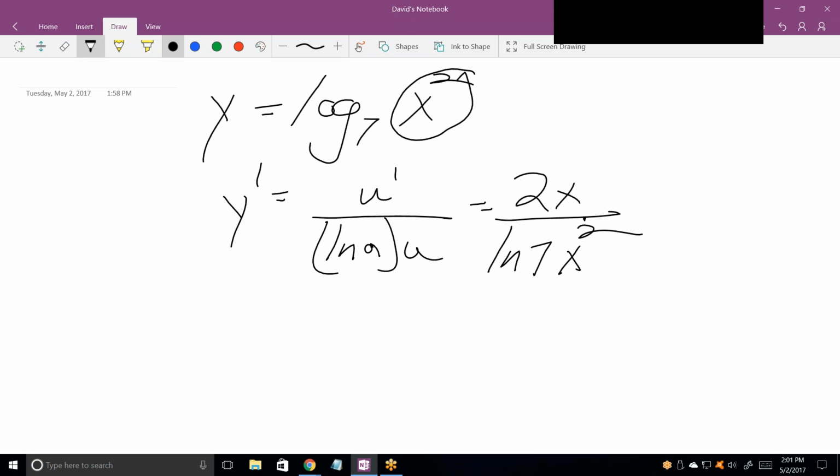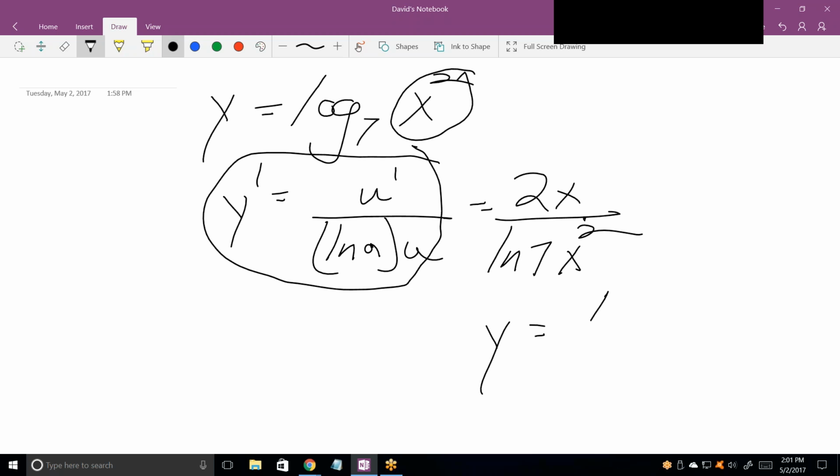So notice what that really is. The more common function is natural log of x. What's y prime if y is natural log of x?